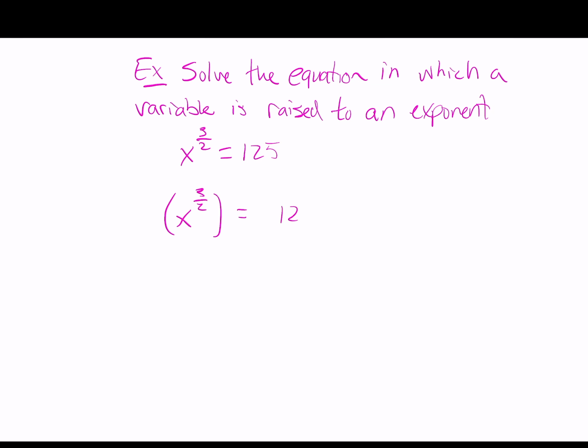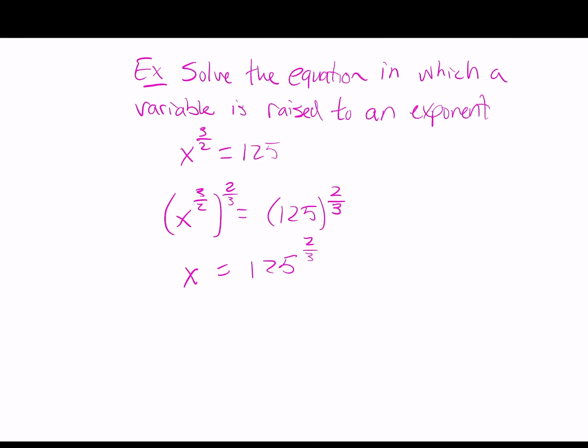The power we have is 3/2, so we want to raise it to the 2/3 power on both sides. So we'll have x is equal to 125 to the 2/3 power.